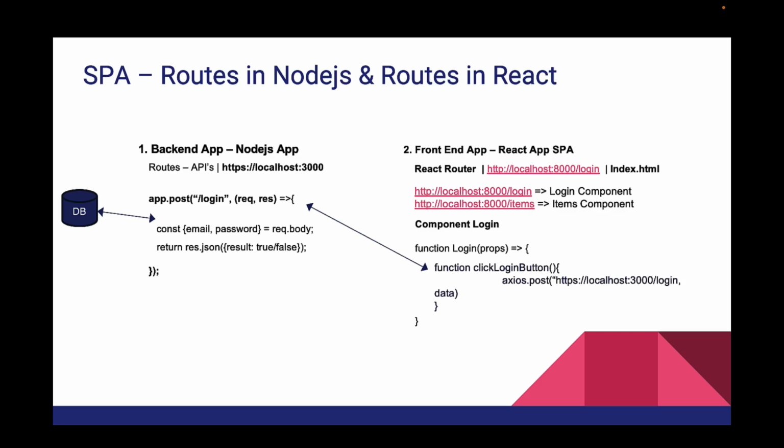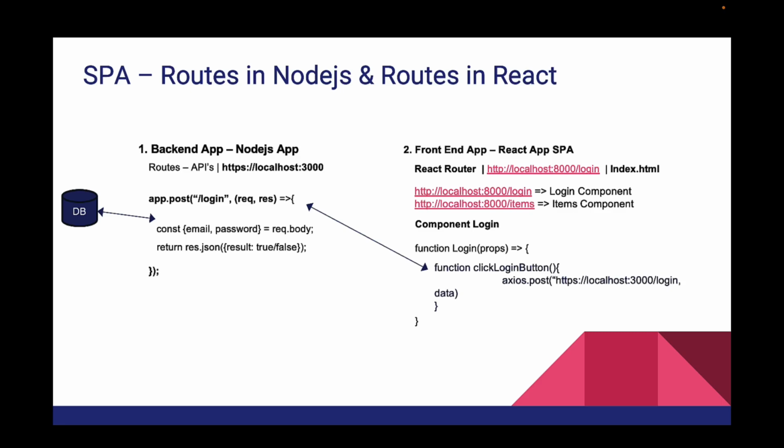Those are two fundamentally different routes. React is talking to Node.js. React router helps you to manage your routes within the React app. Backend is totally different. You could have a /login route in Node.js, and you could have a /login route even in the React app. Those are doing two different things, but we need to use either fetch or Axios or anything to make those requests so that they can talk to each other and send the data to and fro.